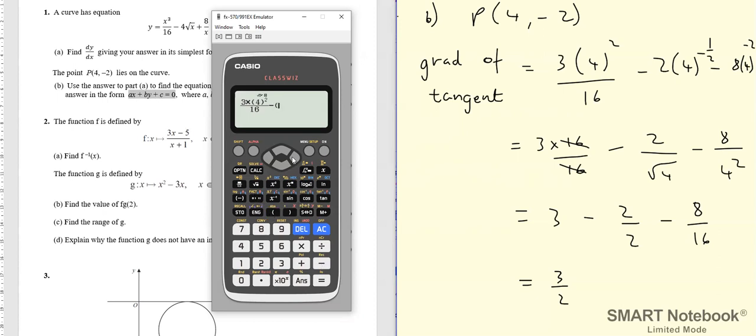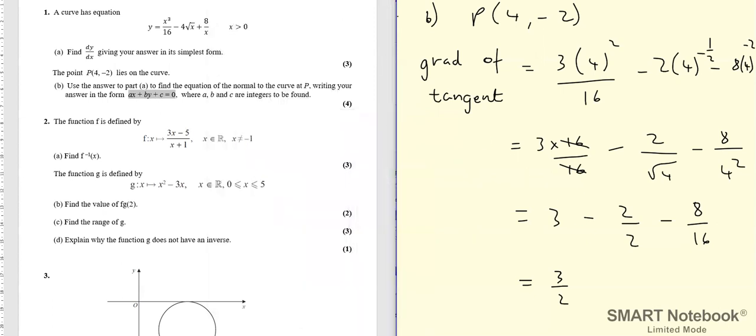Minus 2 times by, in brackets, 4 to the power of minus a half, minus 8 times by, in brackets, 4 to the power of minus 2. And we get 3 over 2.